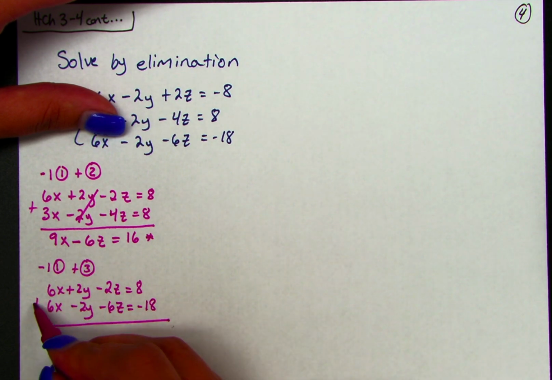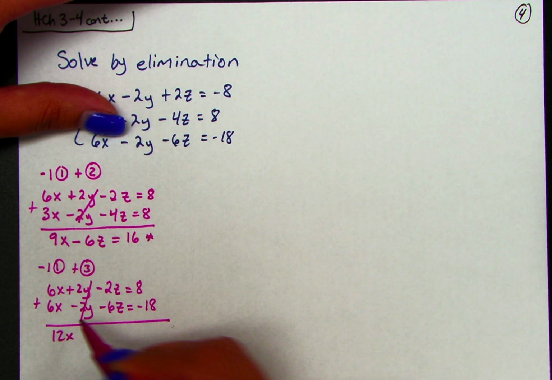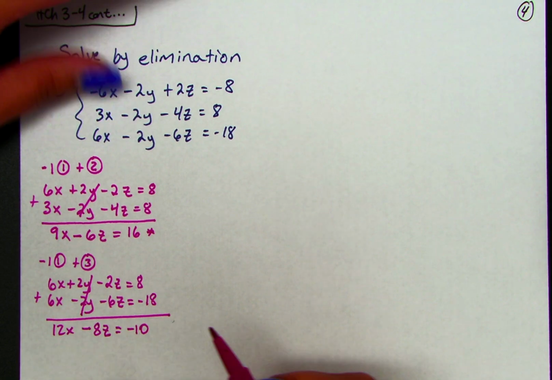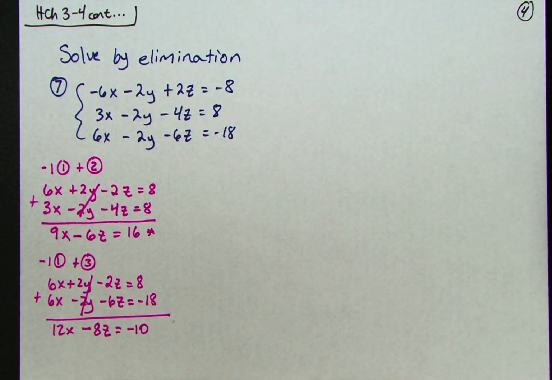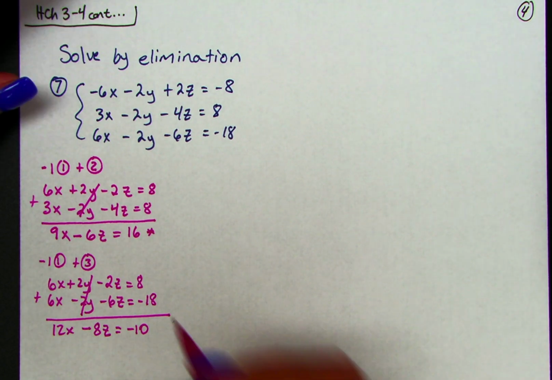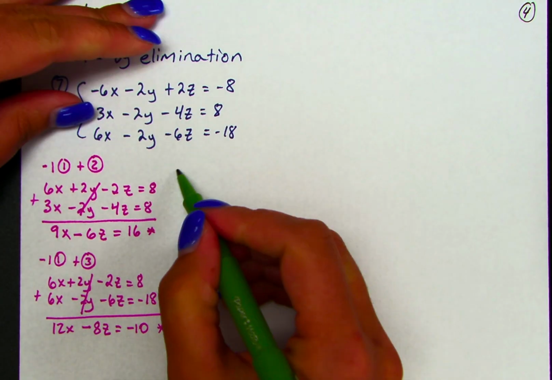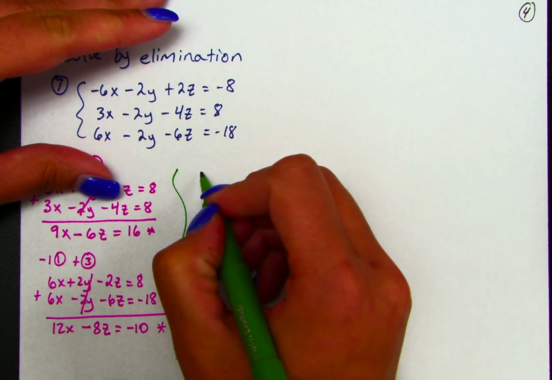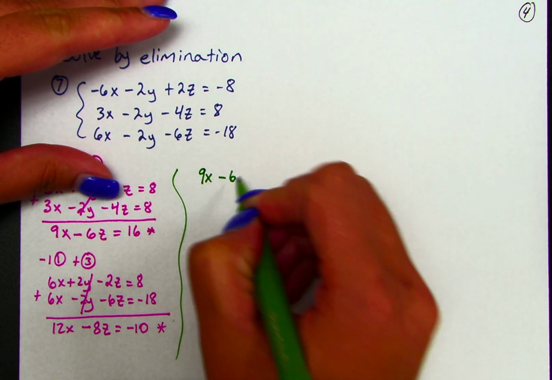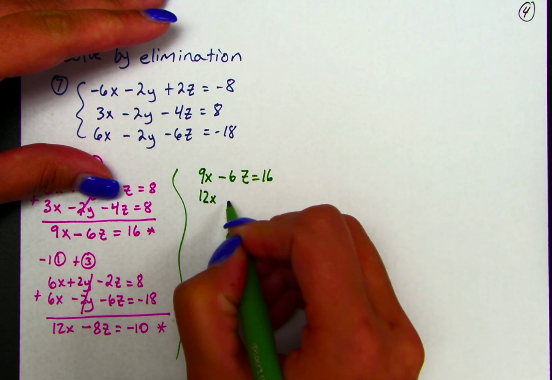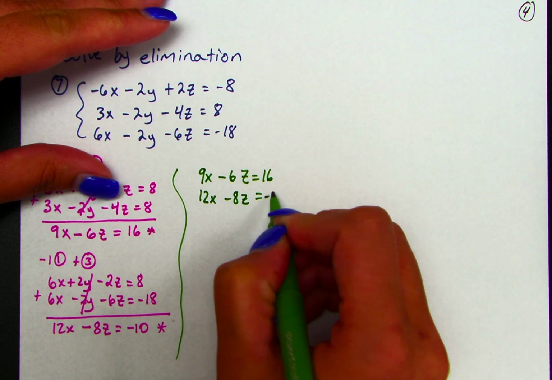If I'm adding, that will give me 12x, the y's cancel, and then this will be minus 8z equals -10. All right, so now I'm going to put a little star. We are going to combine our two new equations together. So we have 9x minus 6z equals 16, and then 12x minus 8z equals -10.